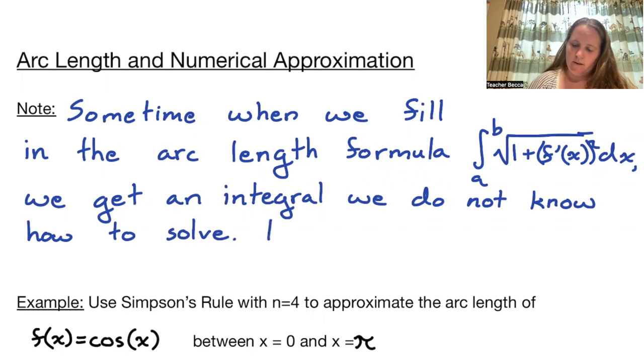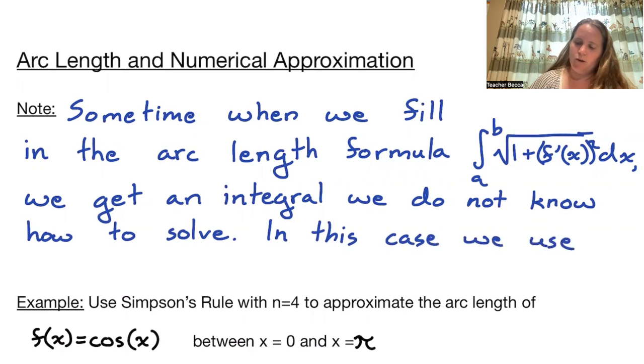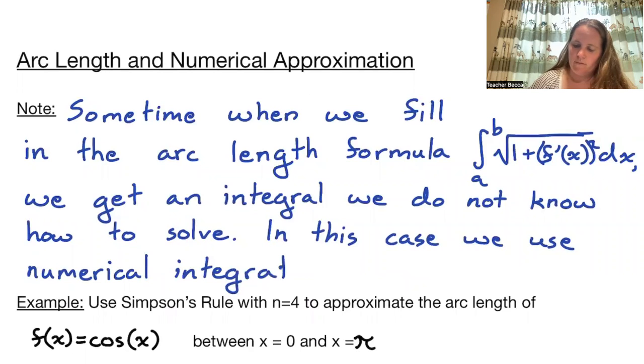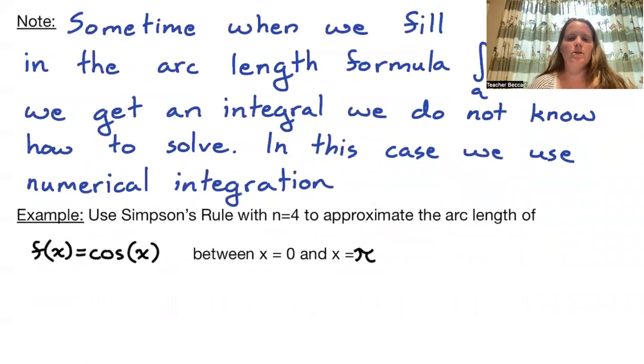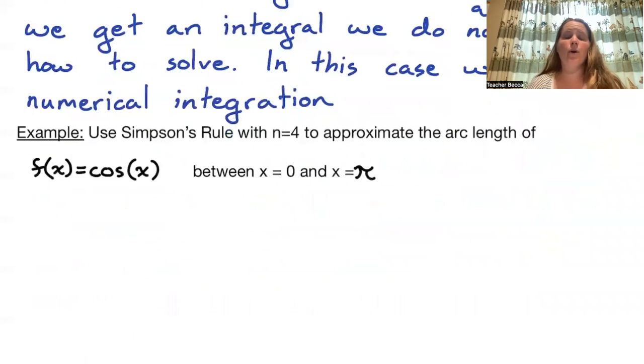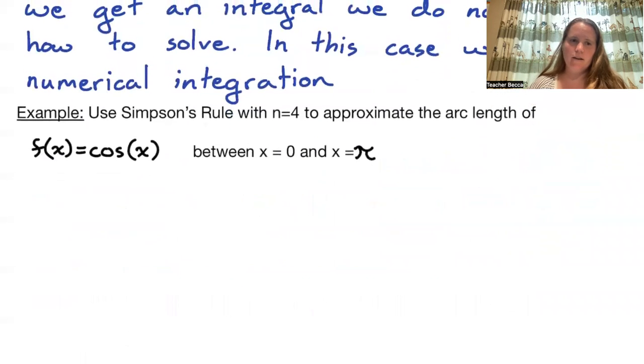So in this case, we use numerical integration. For example, we are going to use Simpson's rule with n equals 4 to approximate the arc length of f of x equals cosine of x between x equals 0 and x equals pi.